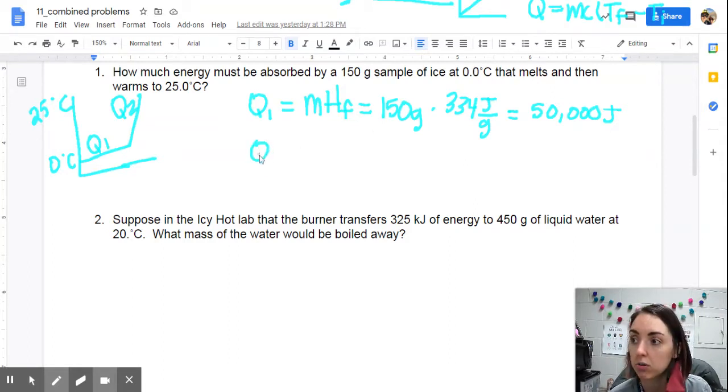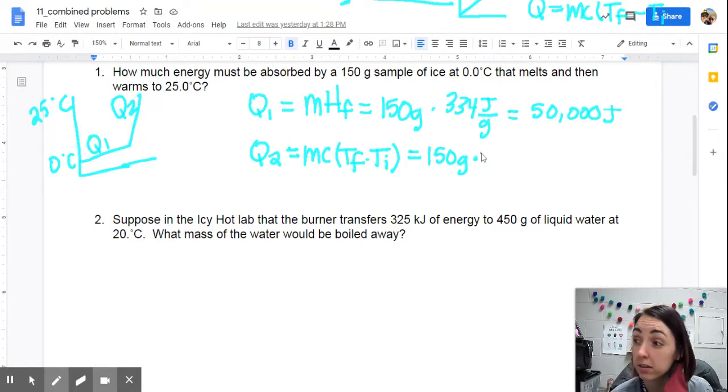Okay, we got Q1. Easy enough. Let's calculate Q2. Q2 is a slope. So if I look at the top of my page, I'm going to see, okay, slope, Q equals MC delta T, temperature change. So I need to use MC delta T. And then I just go and plug in my numbers. Still 150 grams mass.